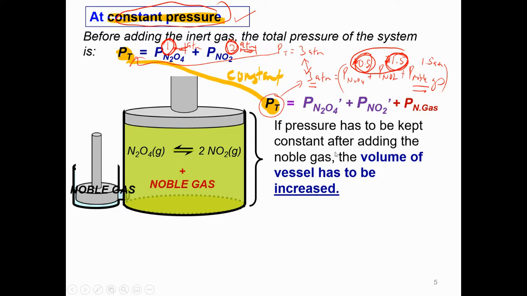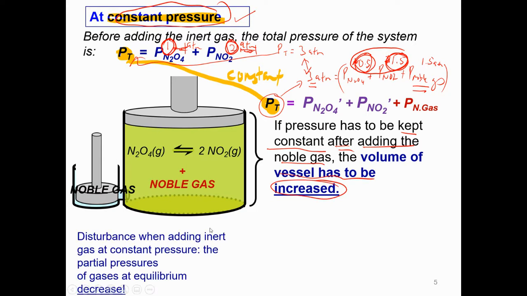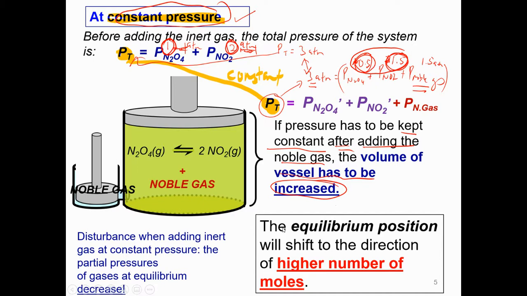So if pressure has to be kept constant after adding the noble gas, one thing will happen, that is the volume of the vessel has to be increased. So the equilibrium position will shift to the higher number of moles. Why? Because when volume increases, pressure decreases.